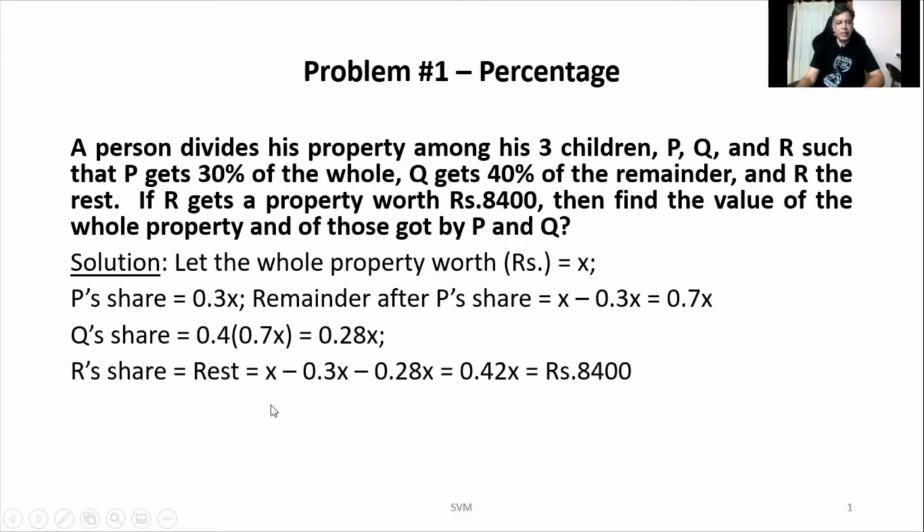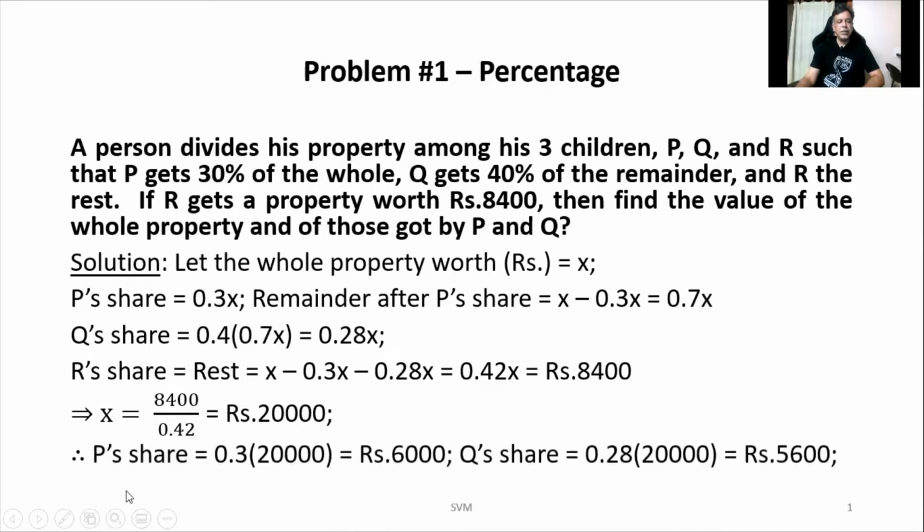That means X minus 0.3X minus 0.28X will be R's share, which is 0.42 times X, equated to 8,400 because that is given in the question itself. So we can find X as 8,400 divided by 0.42, which is 20,000 rupees.